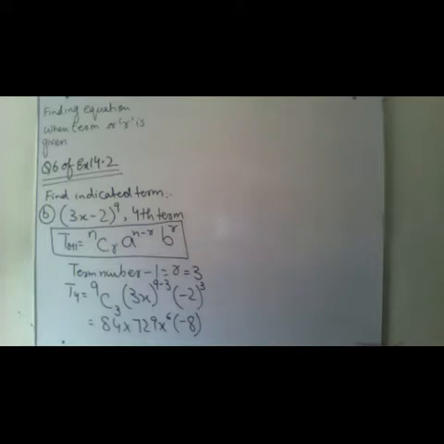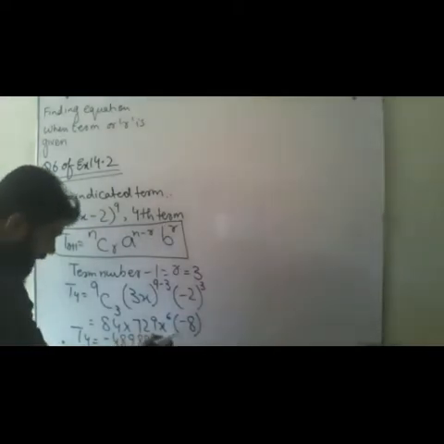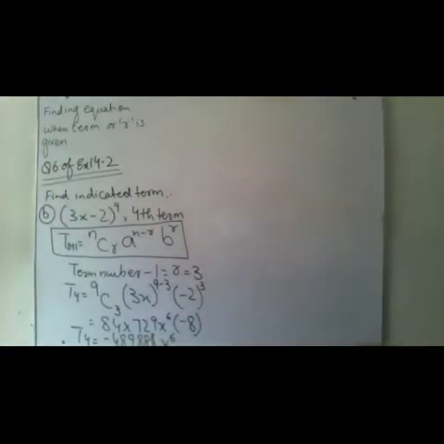So when I multiply them, my final answer for T4 is minus 489888 x to the power 6.